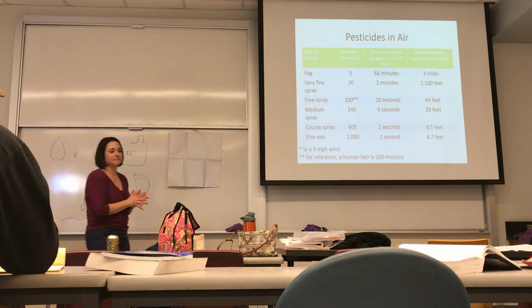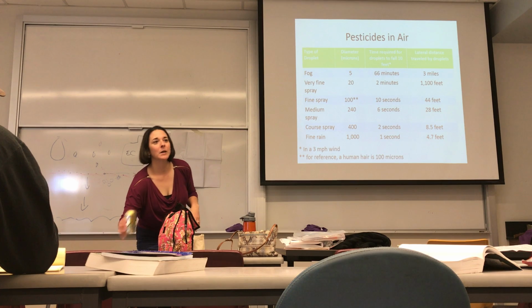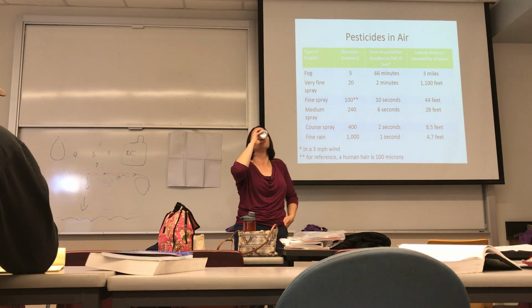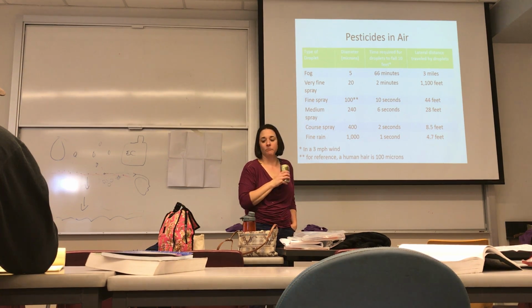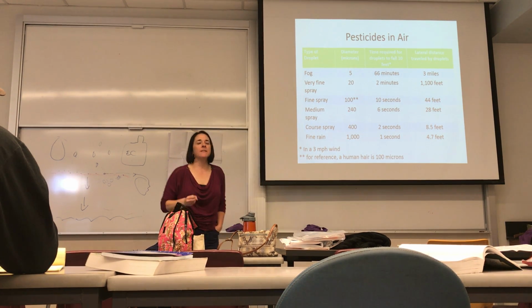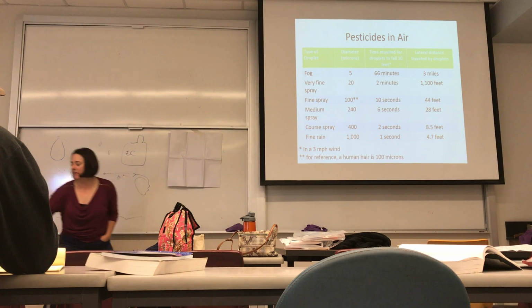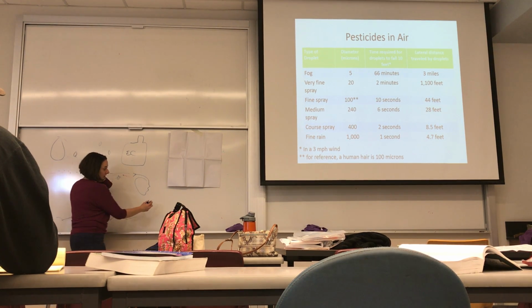Yes. So if you go with a very coarse droplet, like fine rain, is that also going to increase the runoff of the application? It could. With something that big, there is splashing that happens.